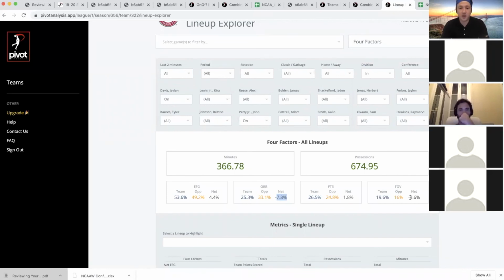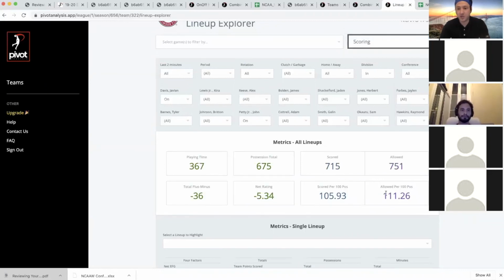So basically, even though they're still taking more efficient shots than their opponents, the opponents are getting a lot more attempts per 100 possessions in this scenario, because they're out rebounding them and the opponents are winning the turnover battle. And so being at that kind of deficit in terms of raw field goal attempts makes this combination really bad on both ends, but especially bad on the defensive end with this 111 defensive rating.